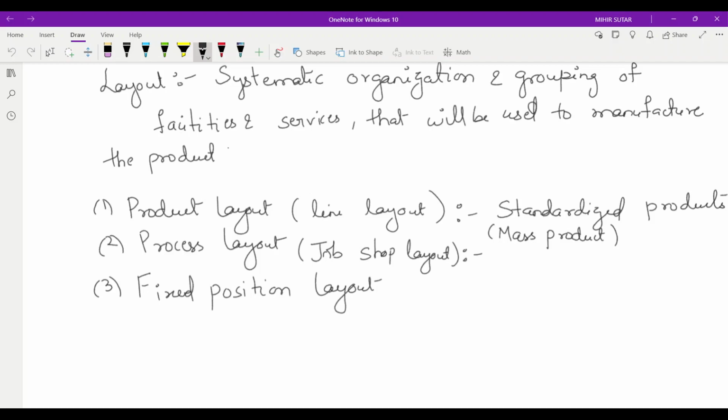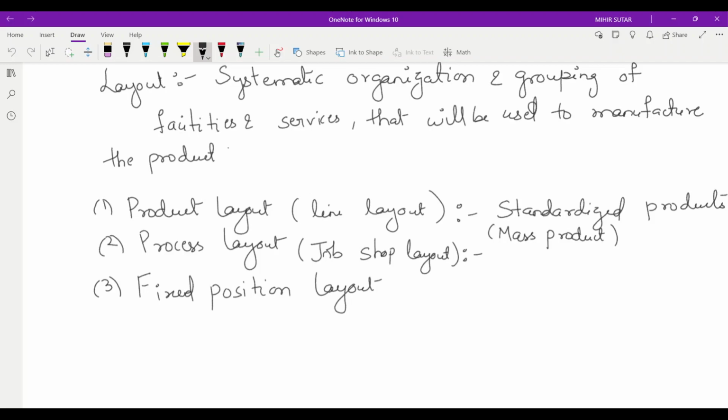Okay, and fixed position, I think from the name itself very clear. Fixed position layout means that the product will not move. That means the machines and the workers will come to manufacture the product, like in case of maybe ships.